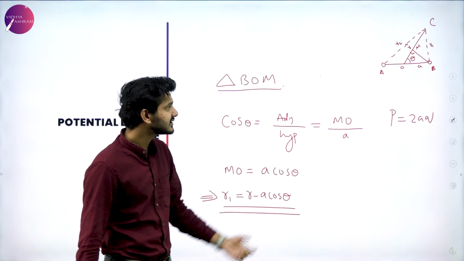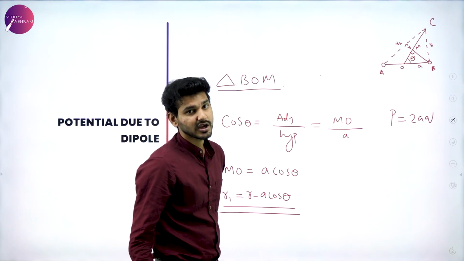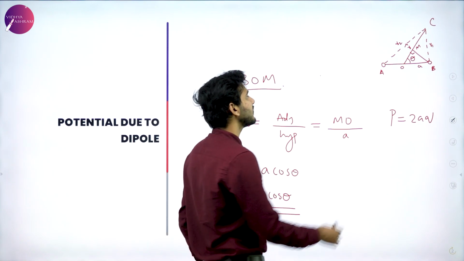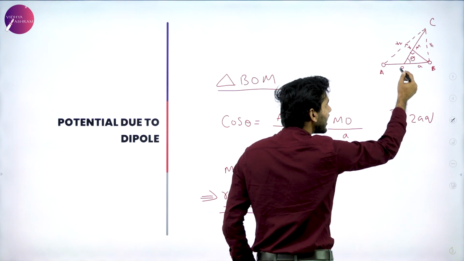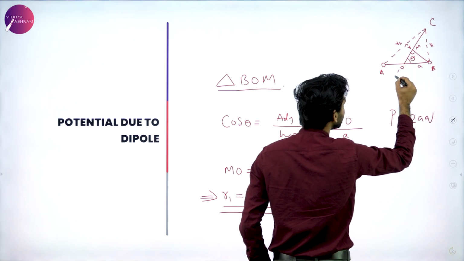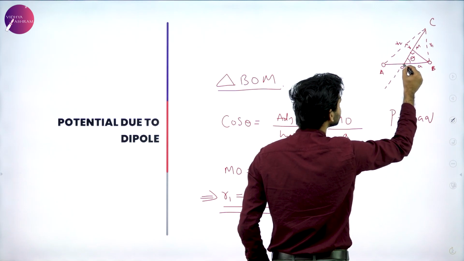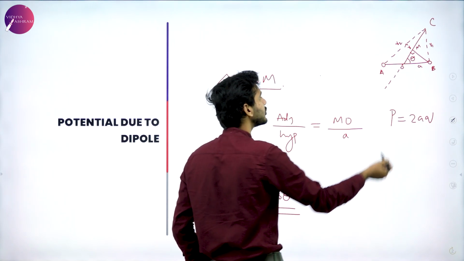Now just like this, we also need to find out the distance R2. In order to find that out, we are going to extend the line R backwards. We are going to extrapolate that so that we get a line like this. And then again the same thing we are going to do.